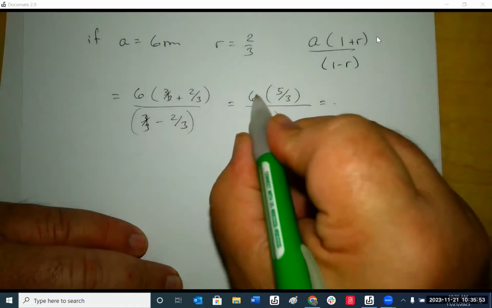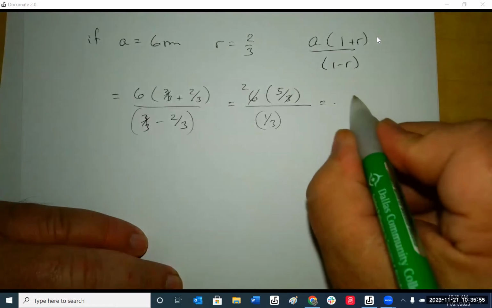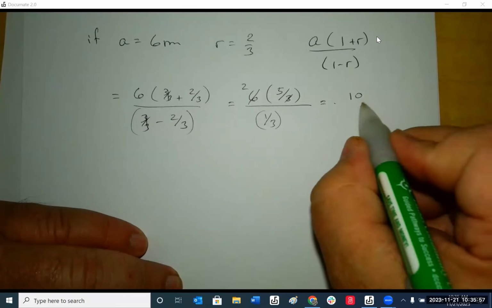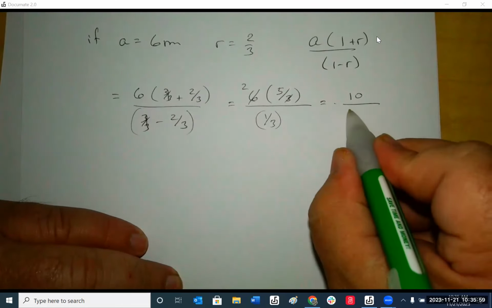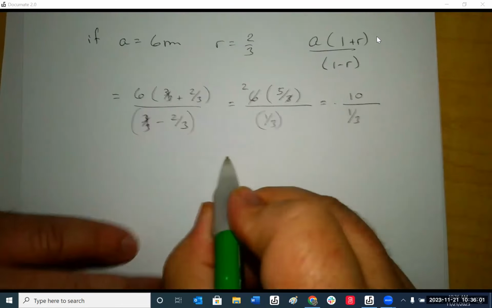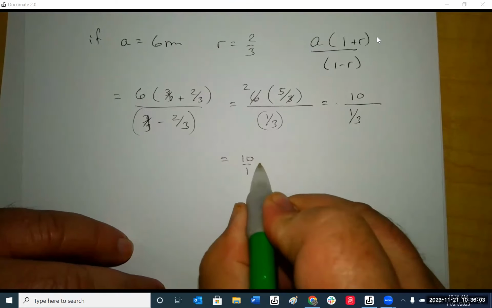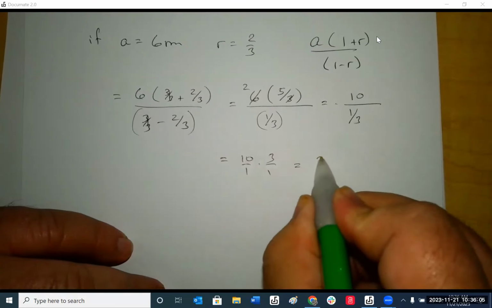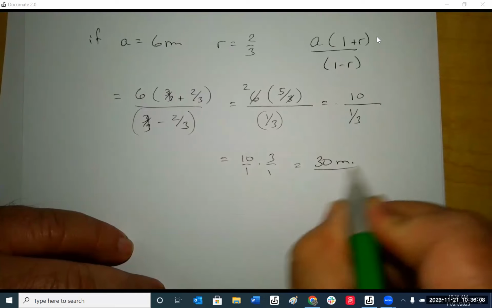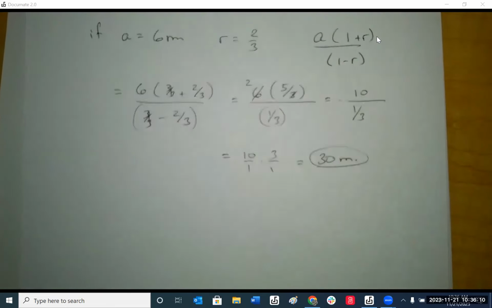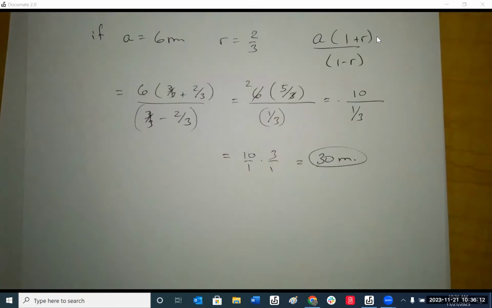So the 6 and the 3 cancel. So we have 10 up on top. So it's 10 over 1 times 3 over 1, which is 30 meters. So the ball would have traveled 30 meters after bouncing up and down, up and down, up and down.